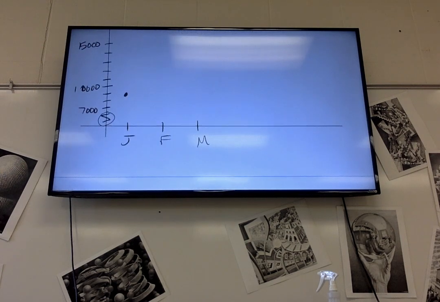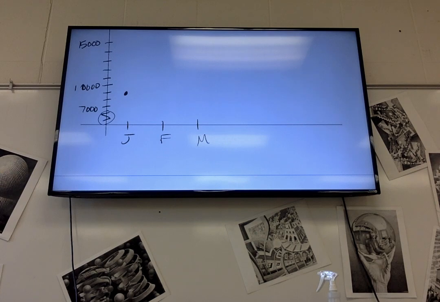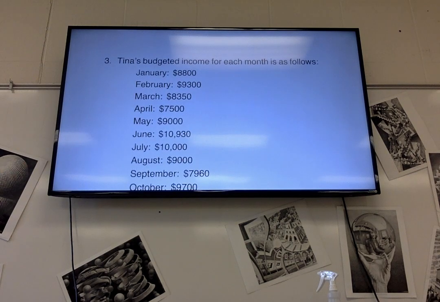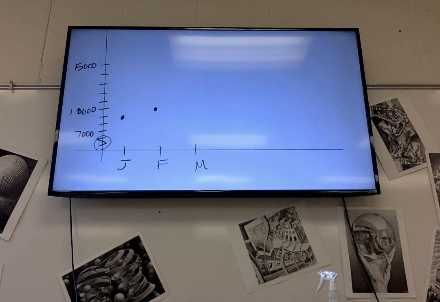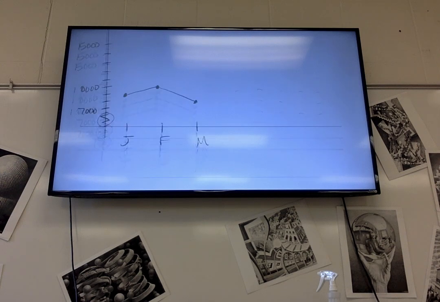February is 9,300, so it's a little bit above that. March is 8,350, so it's a little bit below that, and you would connect them with straight lines and just keep going. So we got it all. Okay, and there's more, obviously.